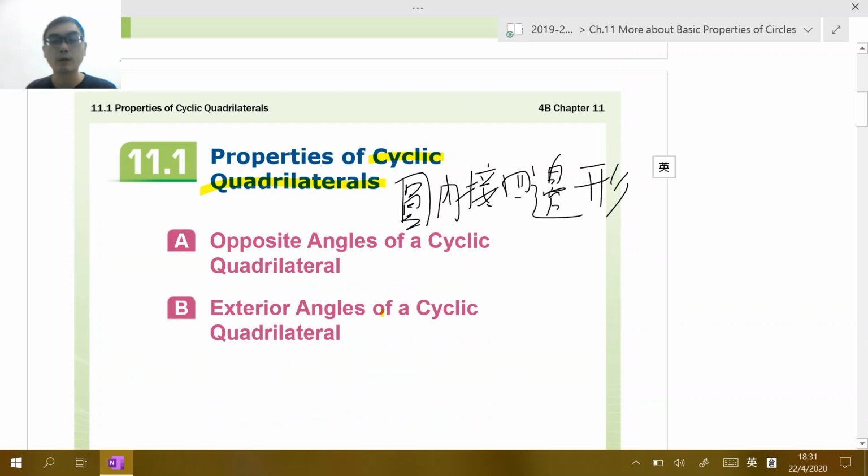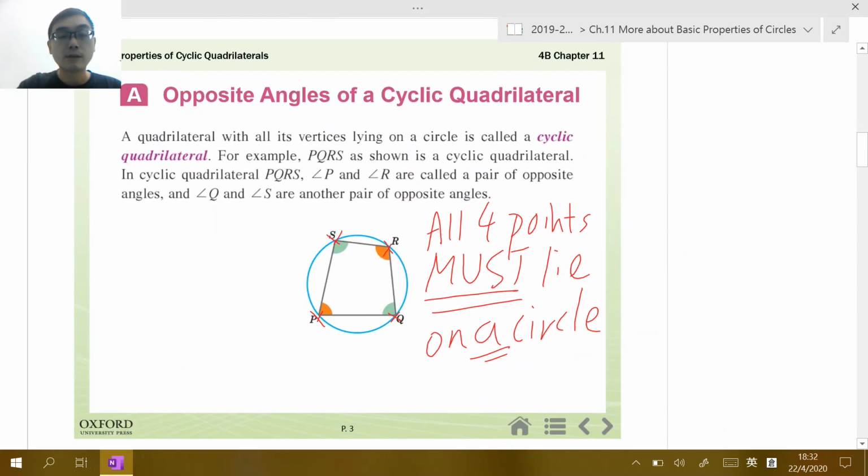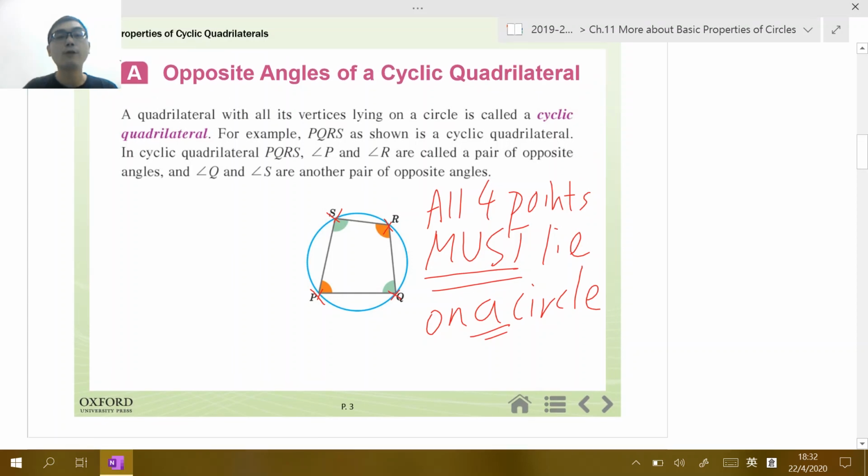Cyclic quadrilateral in Chinese is called 圓內接四邊形. So what is the meaning of cyclic quadrilateral? Actually, you can see from the book. It is a very easy concept. It means that if you have a circle, I want to mention you have only one circle first. On this circle, you have 4 points lying on the circle. Then these 4 points can be joined by using lines, then you can form a quadrilateral.